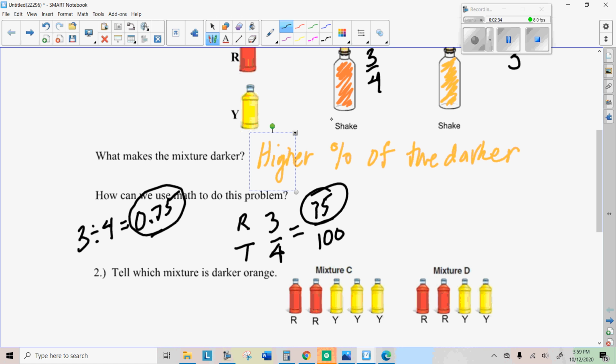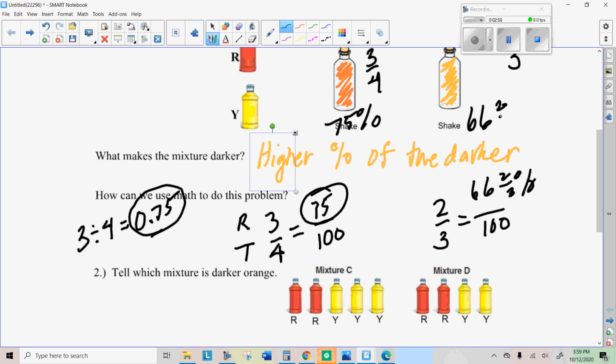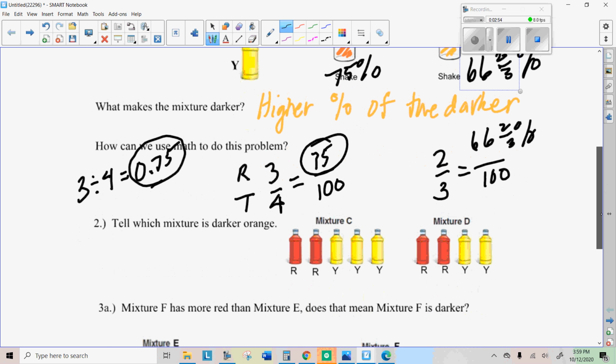So this one is 75% red, and the other one is 2 out of 3. If I change that to a percent, I get 66 2/3%. So this one is 66 2/3% red. So that's how we're going to do it.